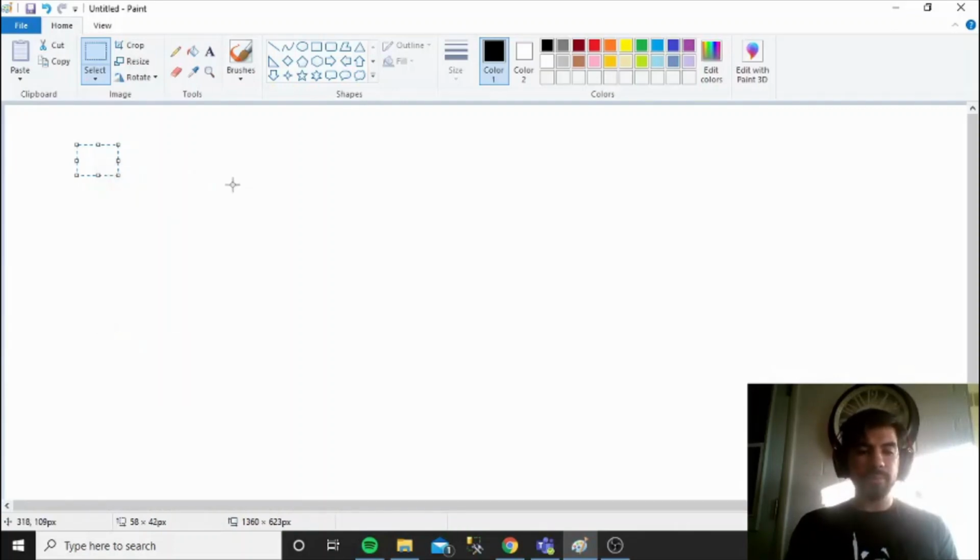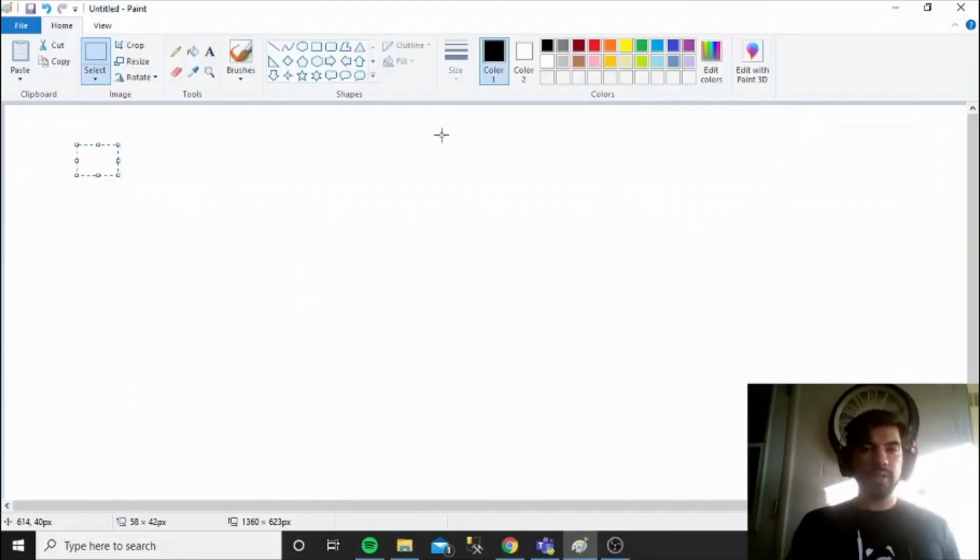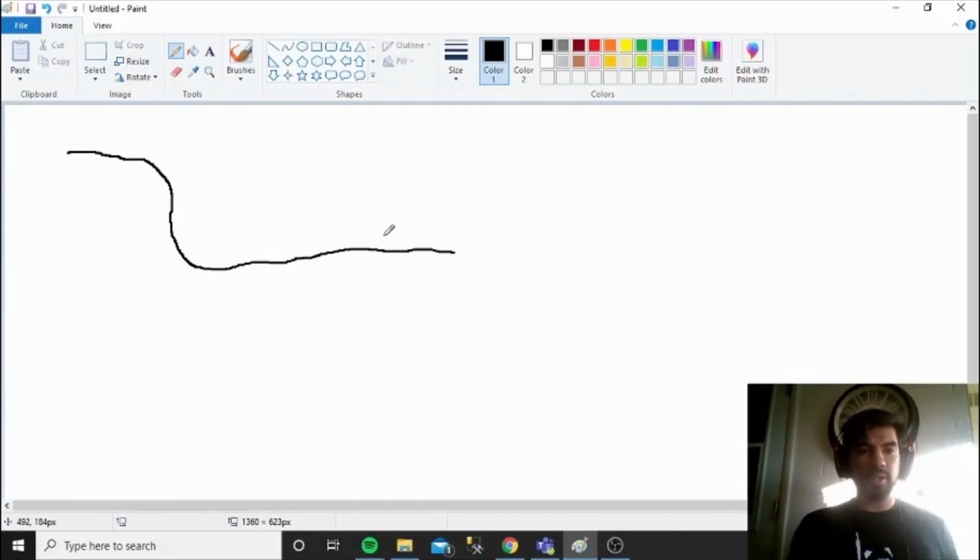All right. Okay, so we have a 10 kilogram block. Okay, so let me just try it. We have something that looks like this. It'll fall. And then that should be flat. Just pretend that's flat.